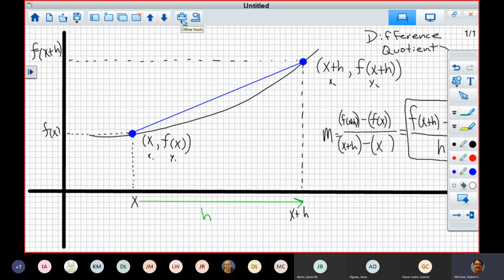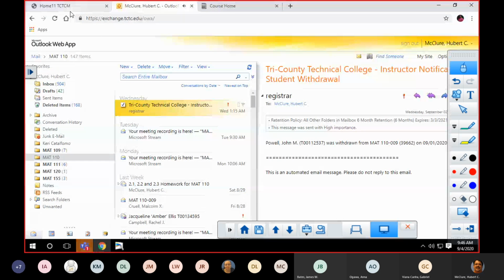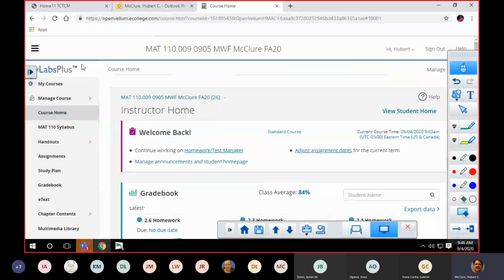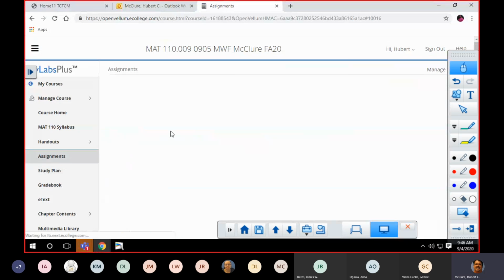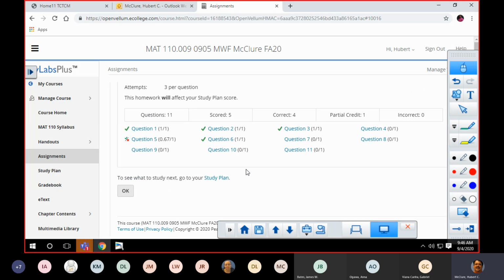I got to see which homework we're in because I can't remember. I know we skipped a section, but I can't remember what section it was. Let me pull up the handy dandy course home assignments. I think it was 2.5 we skipped, or 2.3. 2.3, I think. Here it is. Here's our homework. And these last few should be difference quotient.